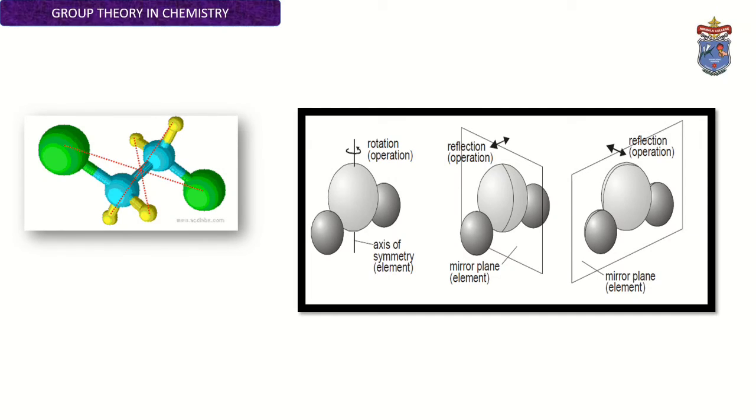The second diagram shows the examples of rotation operation and reflection operation. Rotation operation is done through the axis of symmetry or the line of symmetry. Reflection operation is done through the mirror plane, which is an example of symmetry element. A horizontal plane or a vertical plane is used for the reflection operation.